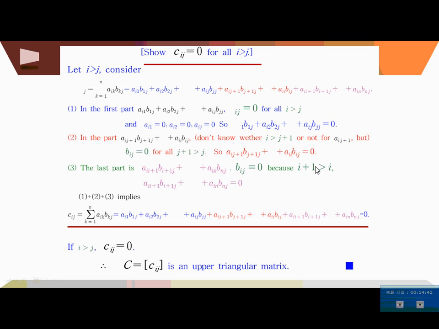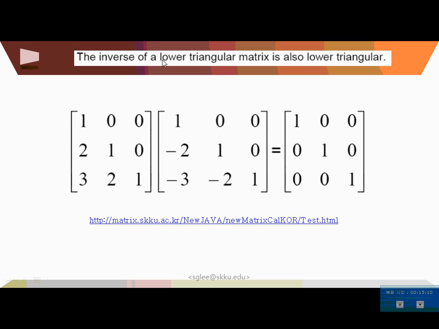Similarly, for these entries, one of a_ij or b_ij is 0 in each term here. So the summation of all these is 0. In any case, these parts are all zeros. So this shows c_ij is equal to 0 for all i greater than j, which means the matrix C is an upper triangular matrix. The inverse of a lower triangular matrix is also a lower triangular matrix.